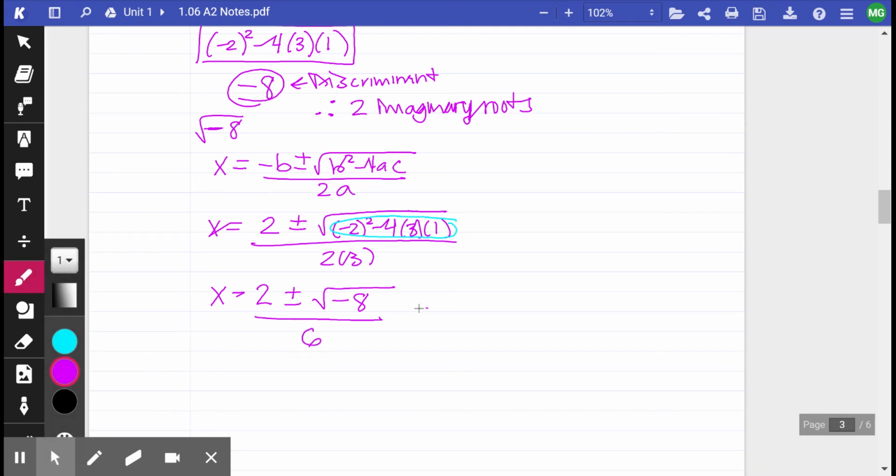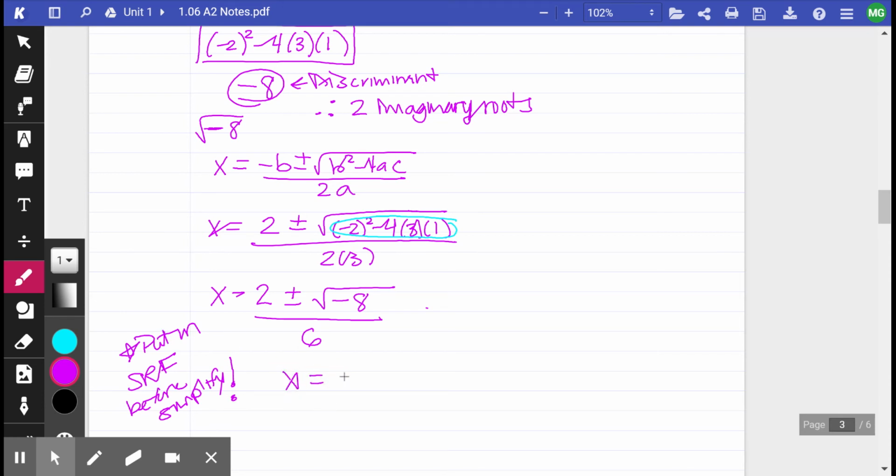Again, before I simplify, I must put it in simplest radical form. Very important.